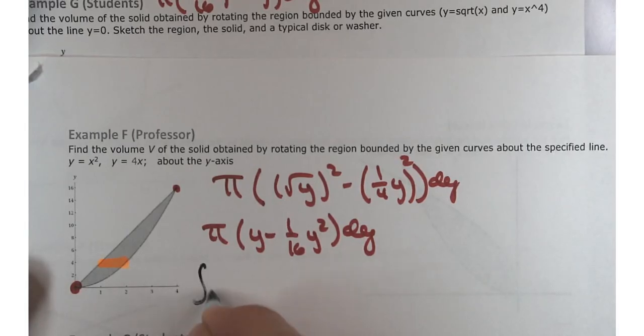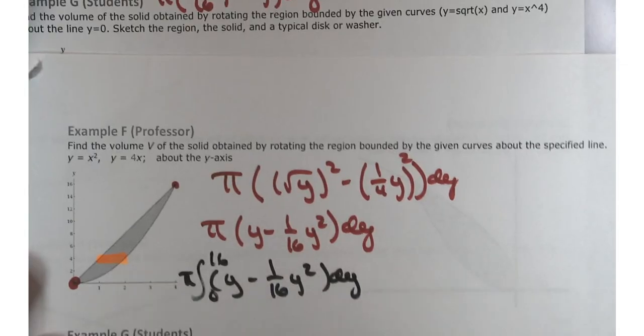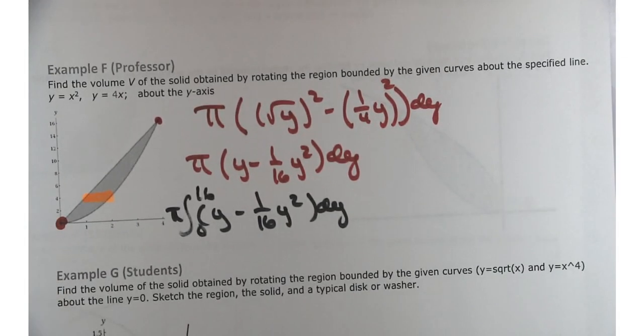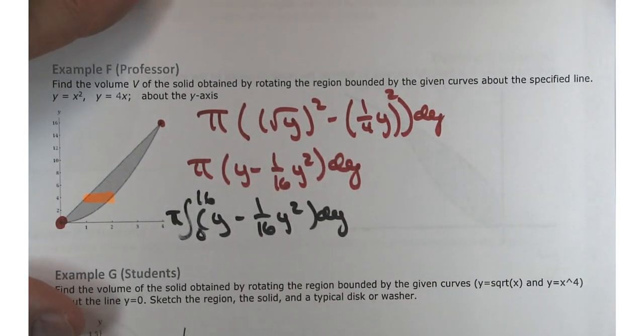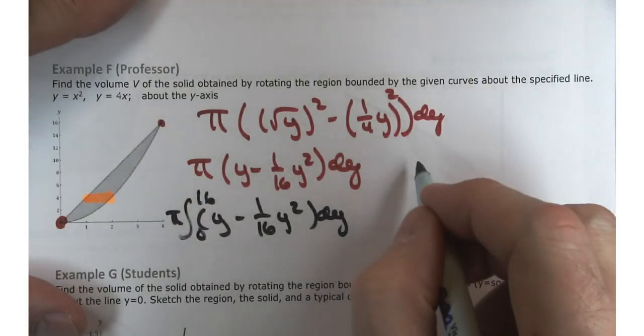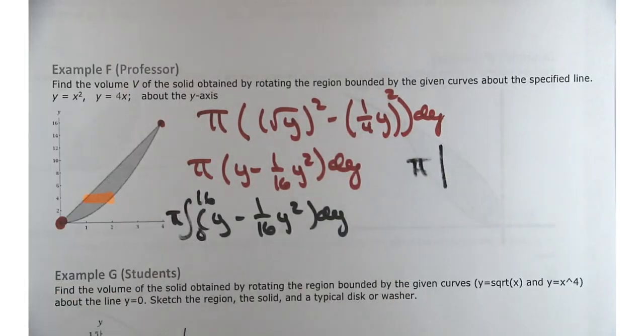0 to 16. Let's take the pi out here. y minus 1/16 y squared dy. I might actually do this one out as opposed to always bailing with fn int. And what's that going to look like? That's going to be pi from 0 to 16.